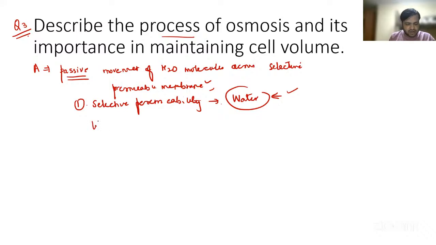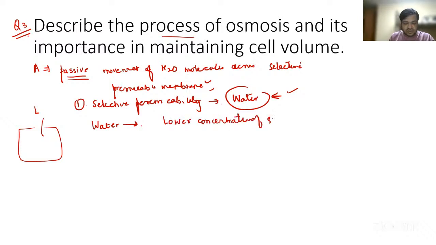Now, when I say water, guys, water basically will transport from a region of lower concentration of solutes. Again, this makes sense. Not from higher concentration, it is lower concentration of solutes. Where the solute is less, obviously there will be a higher concentration of water.